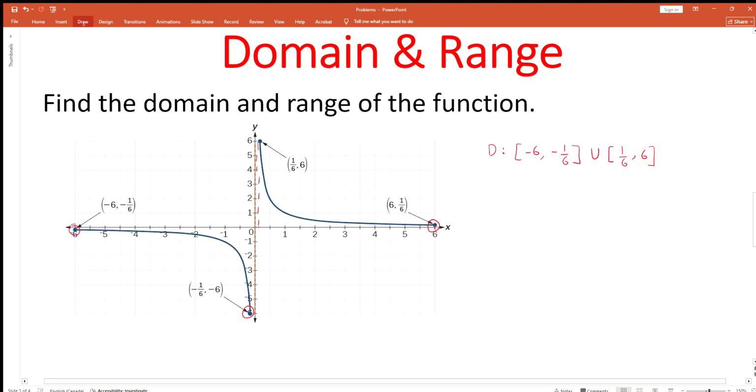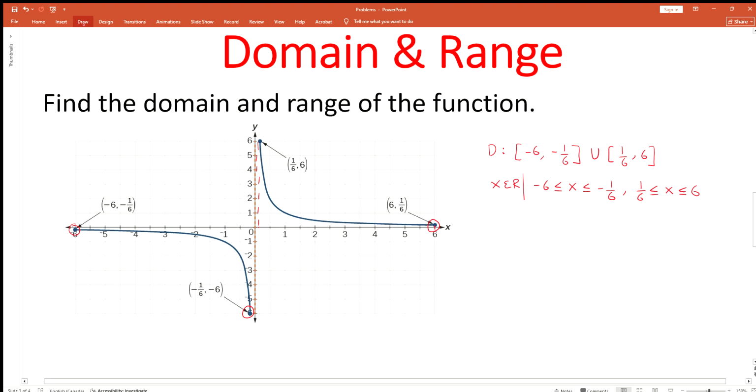We can write the domain in the other notation as x ∈ R, x is greater than or equal to -6 and less than or equal to -1/6, and x is greater than or equal to 1/6 and less than or equal to 6. So this is the domain of this graph.